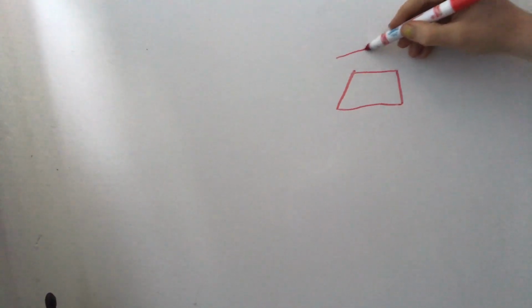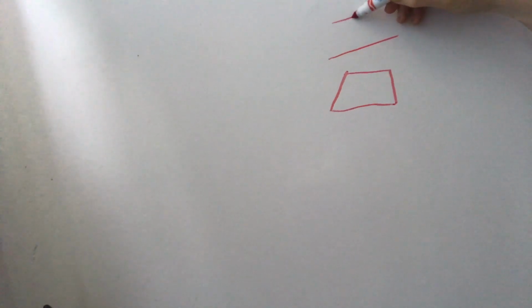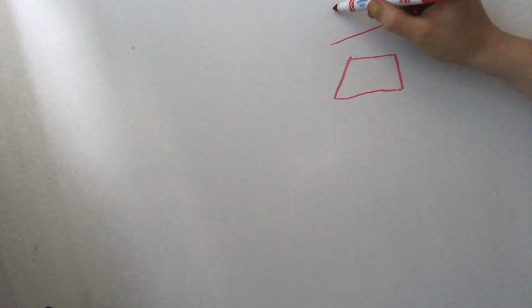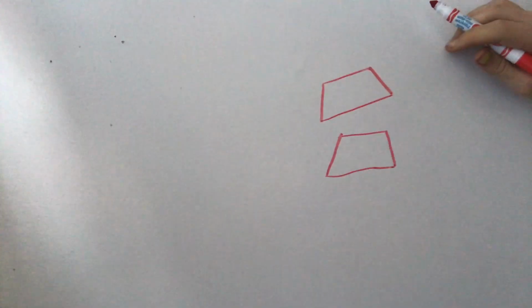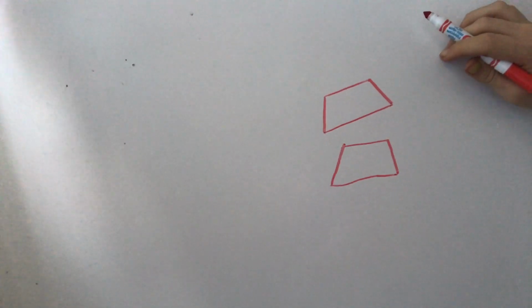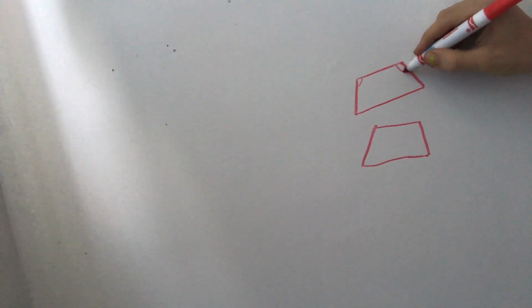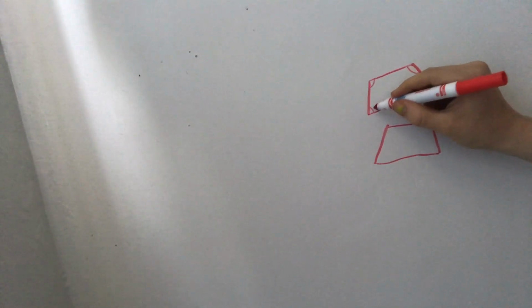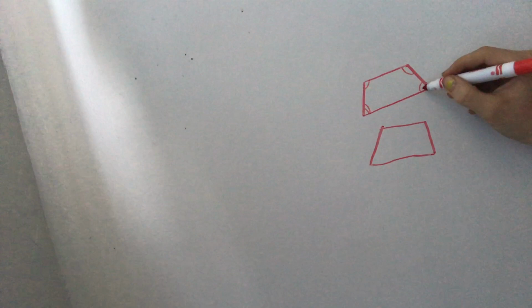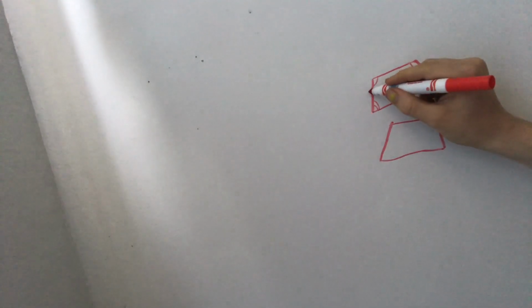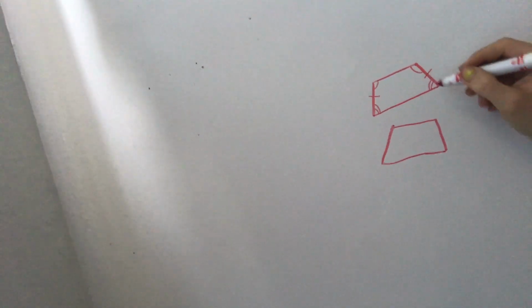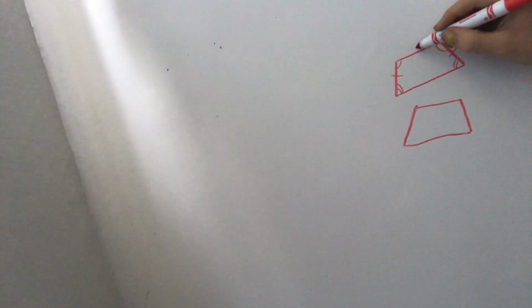So that's a trapezoid. An isosceles trapezoid is when each of the opposite sides are all the same length. That's kind of what they look like. I'm not measuring it. So these would be the same angle here, and these would be the same angle here, and these would be the same length.